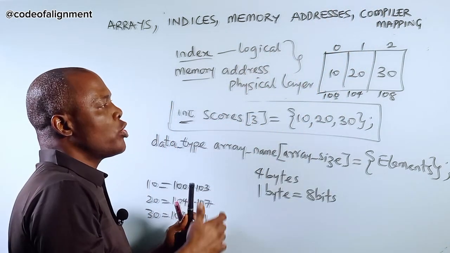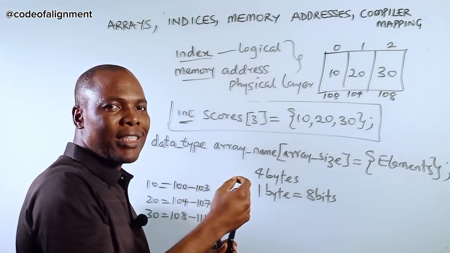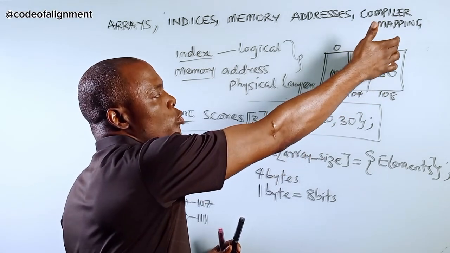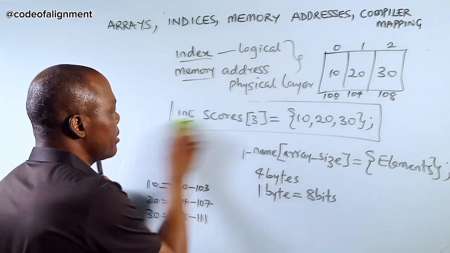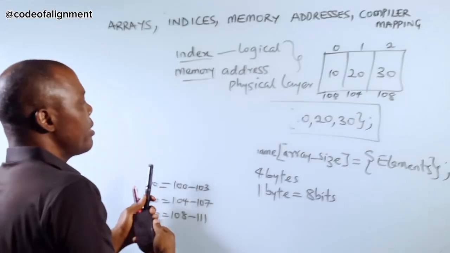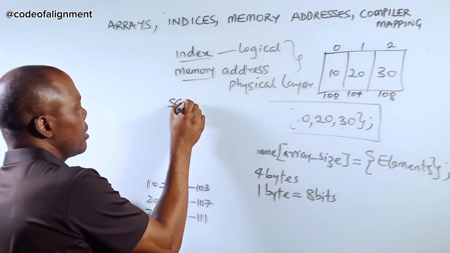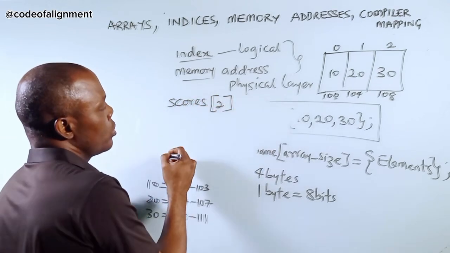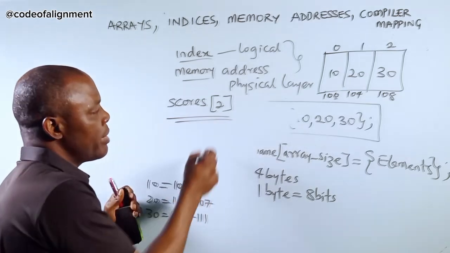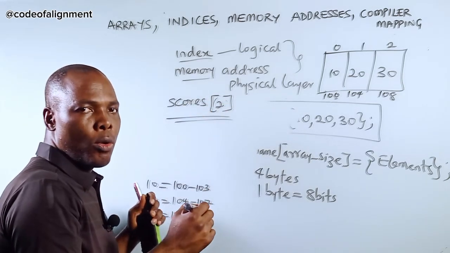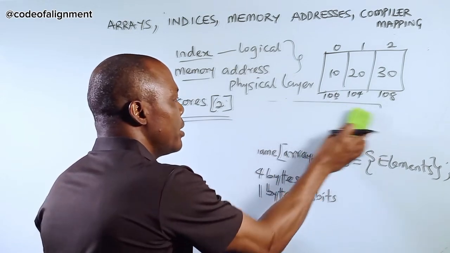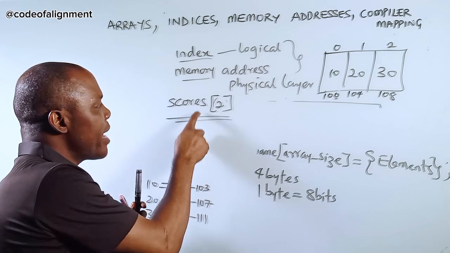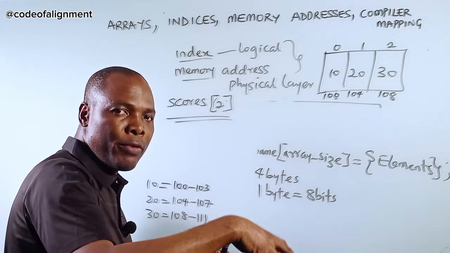So when an instruction is given for you to access a particular index, say index 2, when you write scores[2], meaning you are asked to pull out the element that is in this index, what the compiler will simply do is use a formula, a rule, to find the element in the actual physical location.